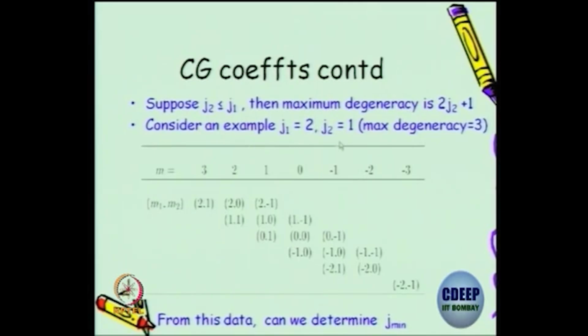You understand, no? So if you take that, then this is the only possibility. This is convincing that if J2 is less than J1, the maximum degeneracy of states which can contribute to a specific M, in this case, is 3. So you will not get a degeneracy of 5 anywhere.